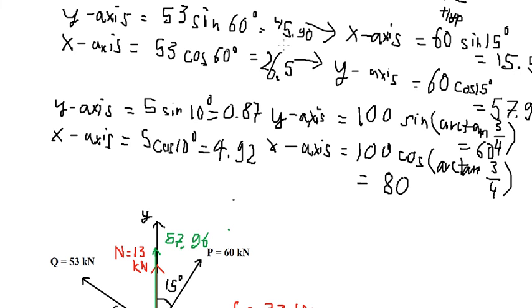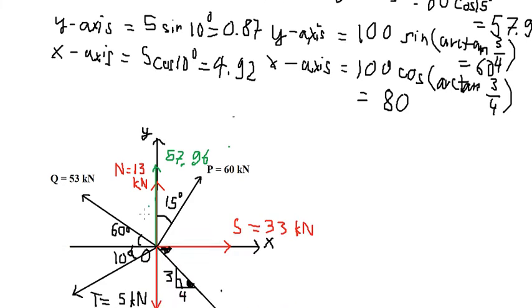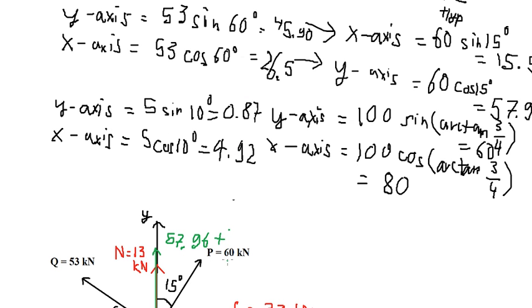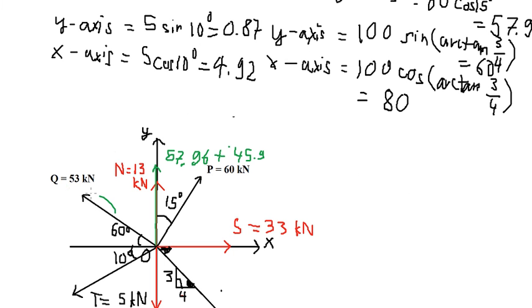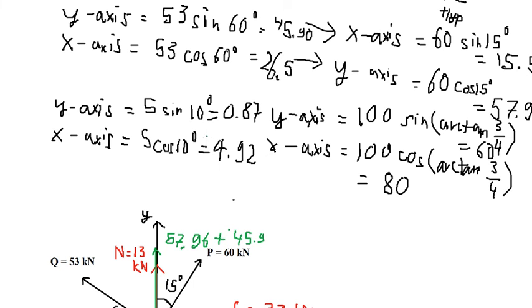Now let's go to the y-axis. This one we have 45.9 of this one in here. So I will add about the green one in here, 45.9. Because this one goes up in here, so they should have one vector in here. And the next one, y-axis, we have 0.87.